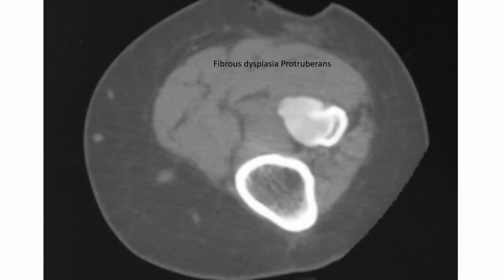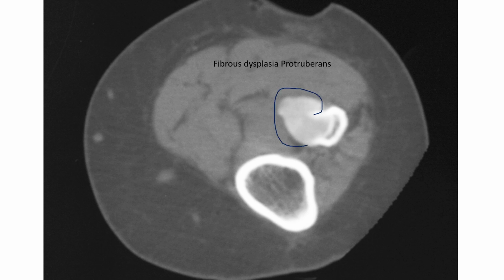And one final point about fibrous dysplasia, one variant of fibrous dysplasia, and this is referred to as fibrous dysplasia protuberans. And the term protuberans is applied primarily because this lesion explodes beyond the cortical bone and almost forms a mushroom-like lesion on the surface.